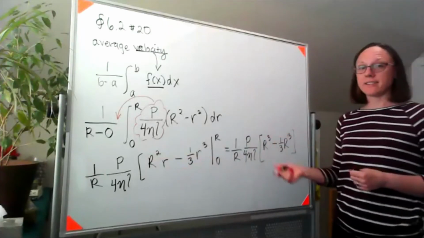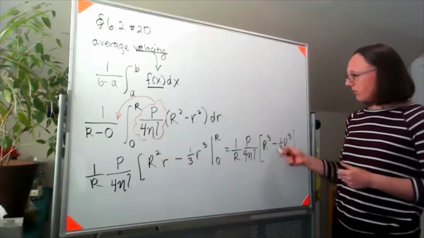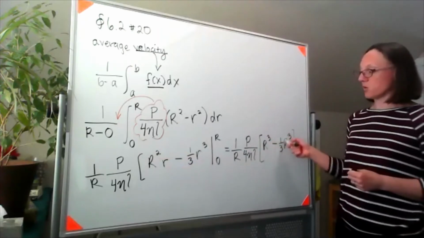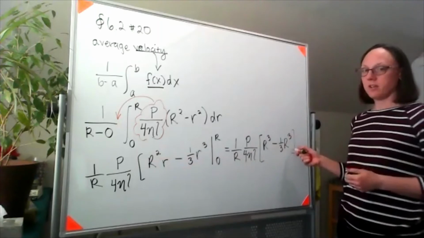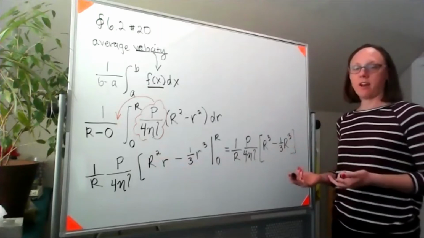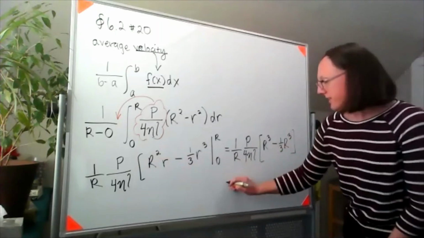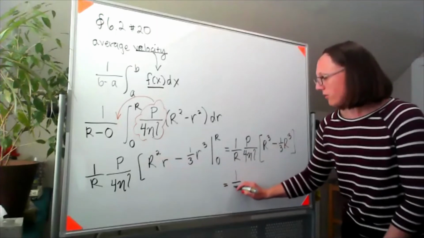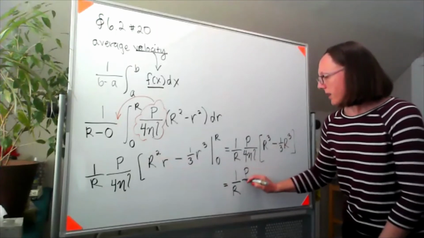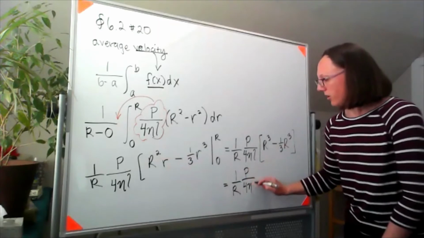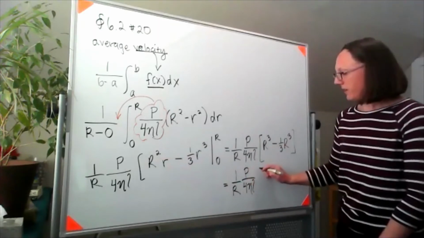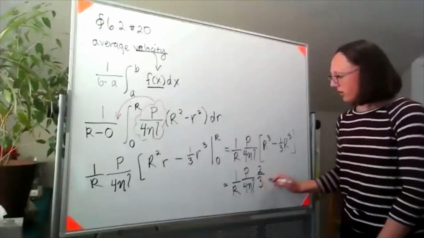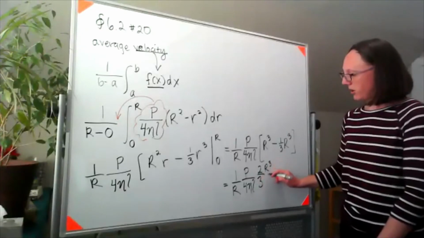We can simplify this. If I have R cubed minus 1/3 of an R cubed, then that's 2/3 of an R cubed. So I'd end up with 1 over R times P over 4 mu L times 2/3 of R cubed.